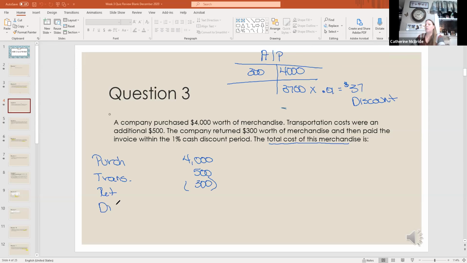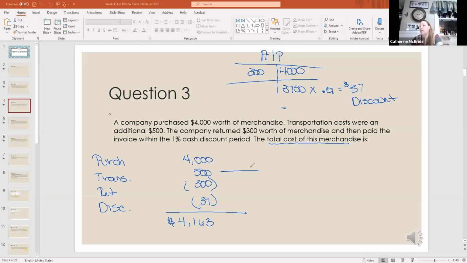So we're going to reduce inventory for the discount of $37. And when we do that, our inventory total right now is $4,163.